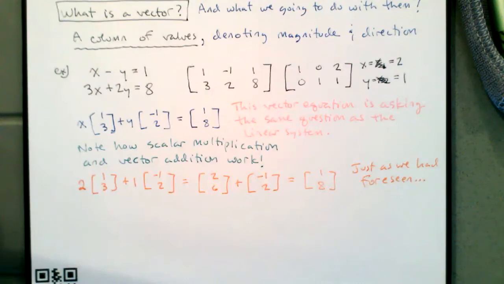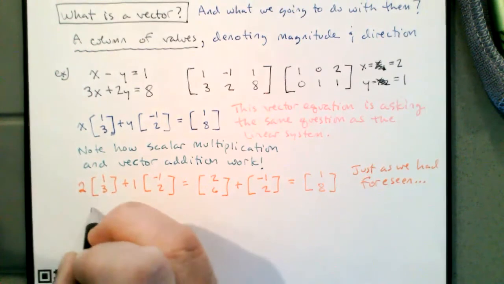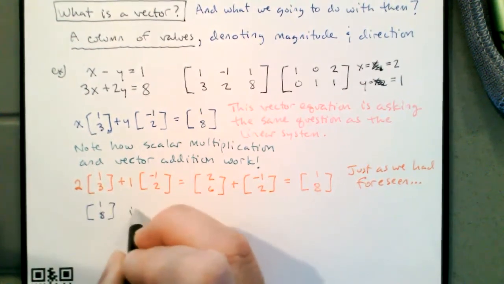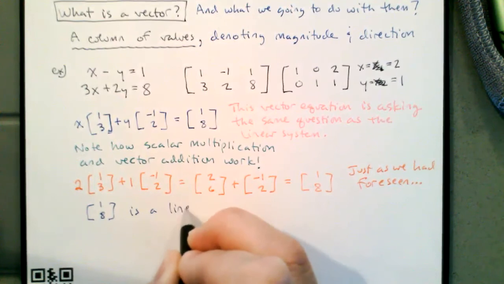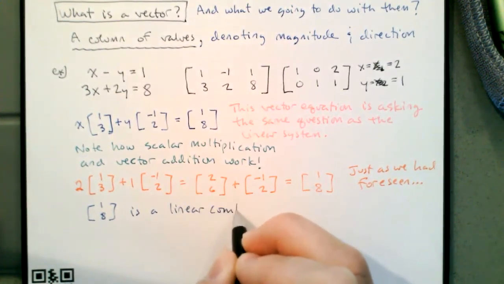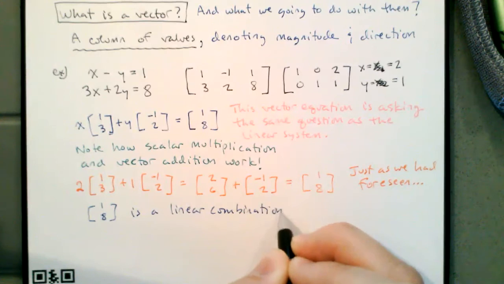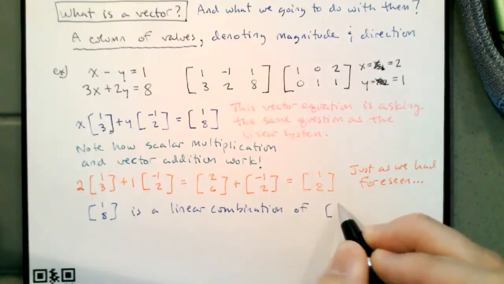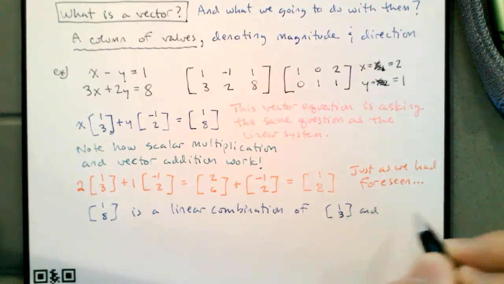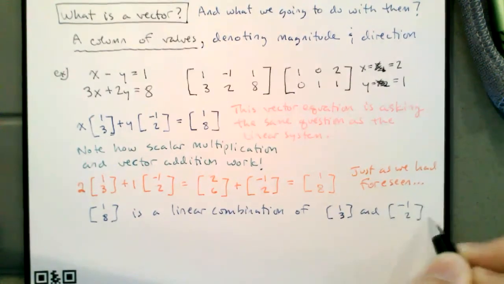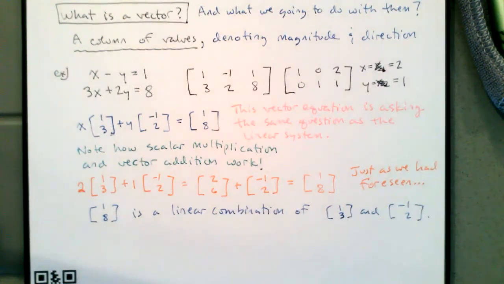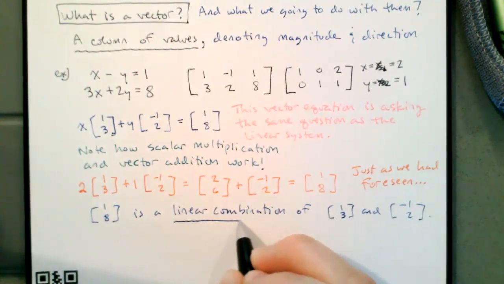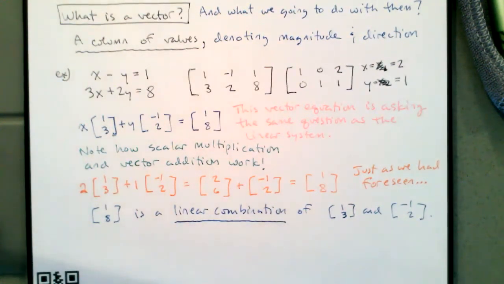So what we could say is that the vector 1, 8 is a linear combination of the vectors 1, 3 and -1, 2. This is what we talk about with a linear combination of vectors.